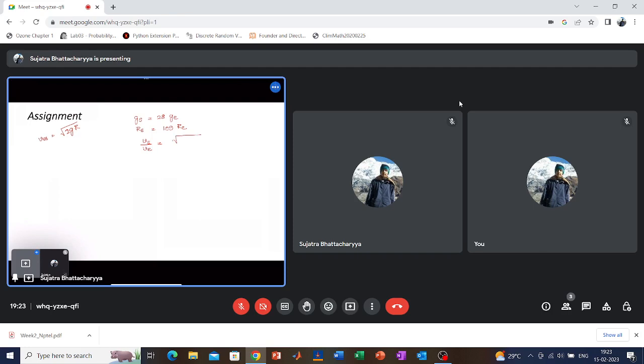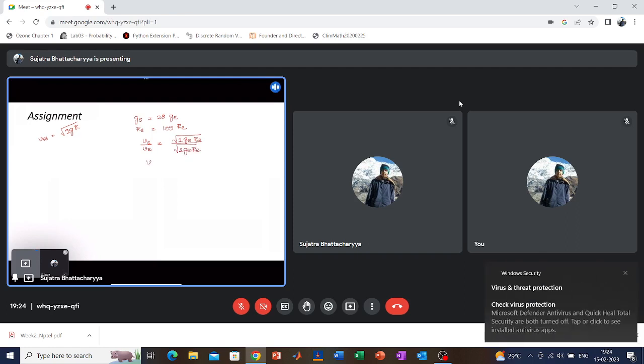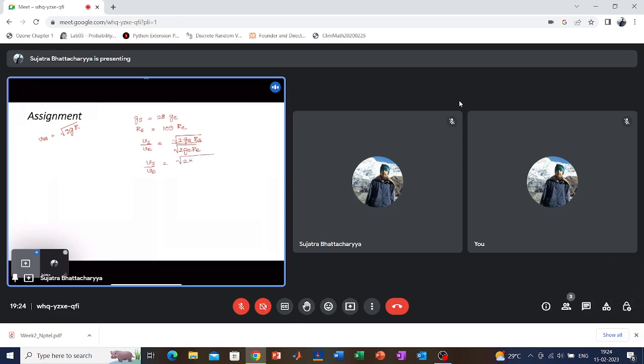It will be root of 2 gs rs divided by root of 2 ge re. So vs by ve will be equal to root of 2 into 28 times the g of earth into 109 times the radius of the earth, and in the denominator root of 2 ge re.